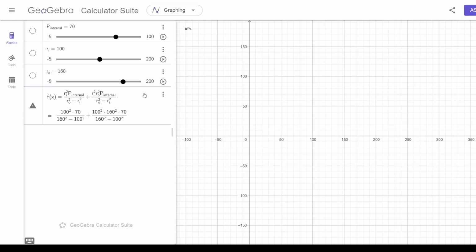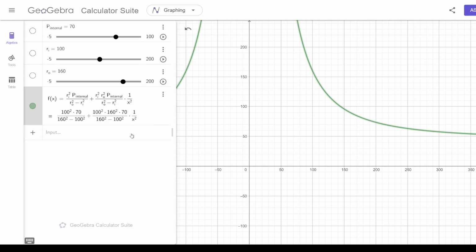And this is, again, the reciprocal of the radius. Let's call it x because we're working with f of x, so let's call it x squared. There you go. Now we have already some charts here, and that's nice.